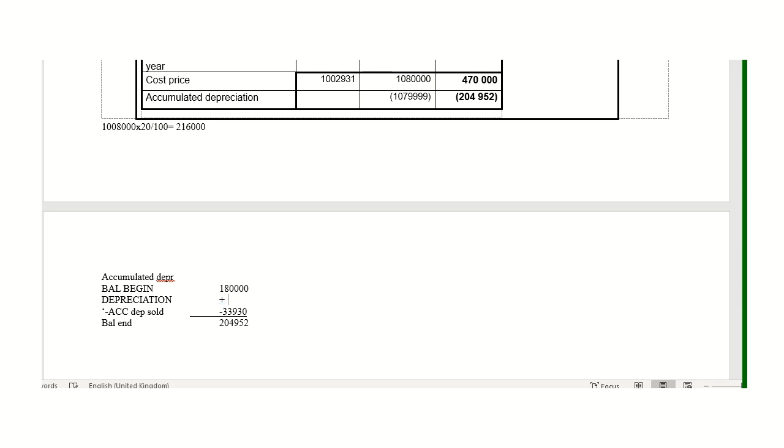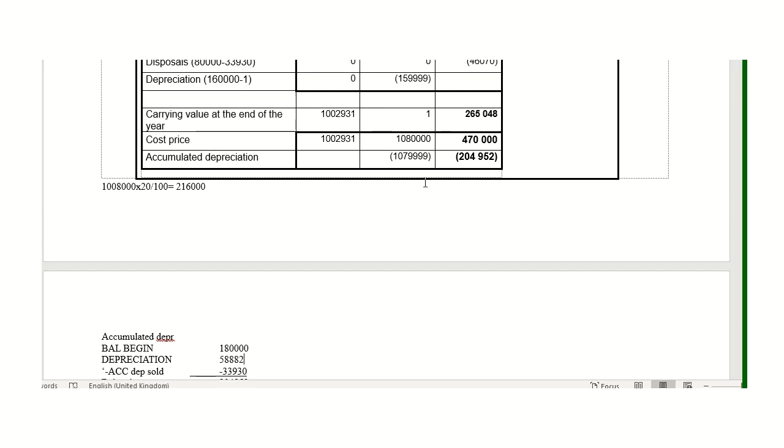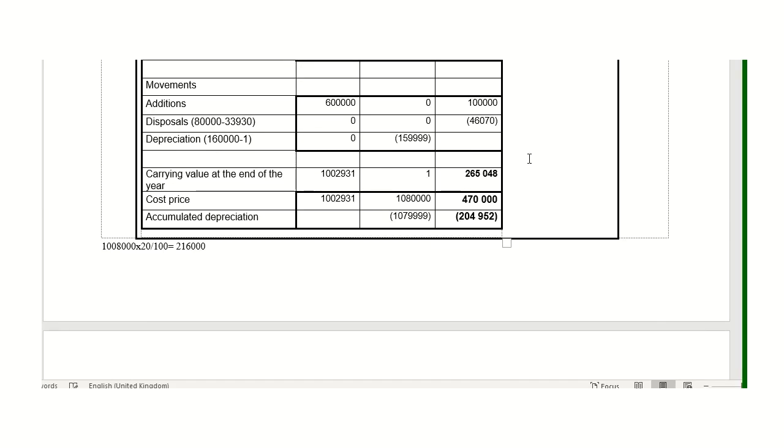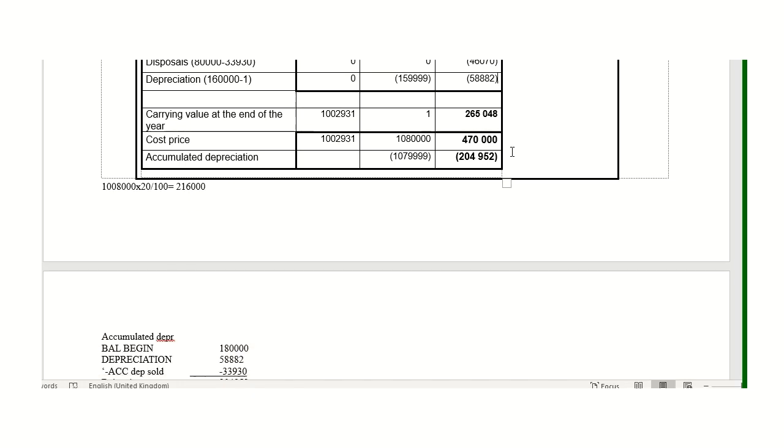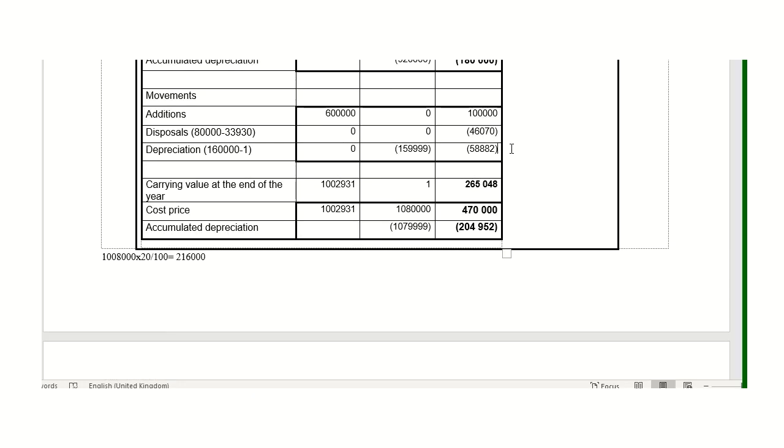So if I take the 204,952 plus 33,930 minus 180,000, it will give me 58,882. So my accumulated depreciation, in brackets always, 58,882. Make sure you remember where to put brackets in, and that would then complete the note.